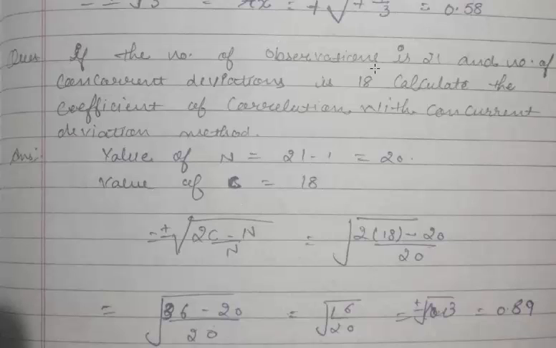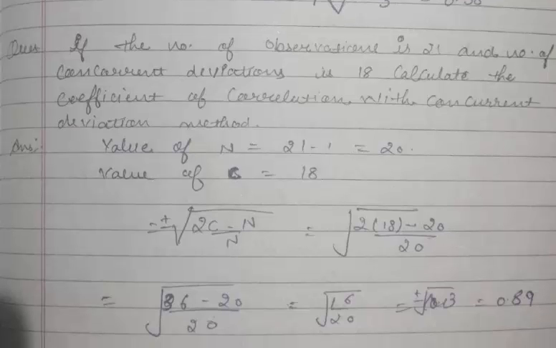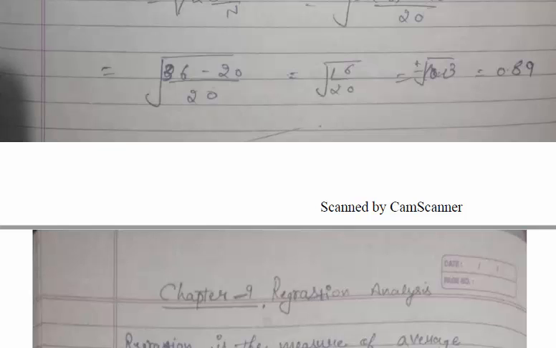If the number of observations is 21 and the number of concurrent deviations is 8, calculate the coefficient of correlation with the concurrent deviation method. The value of n is the number of observations minus 1, which is 20, and the value of C is 8. Here we put the values, so our answer is 0.89.